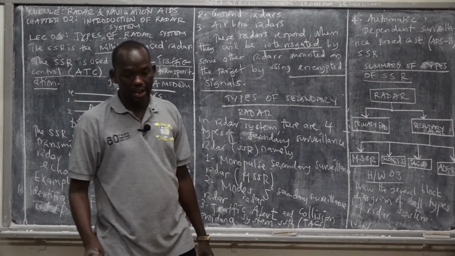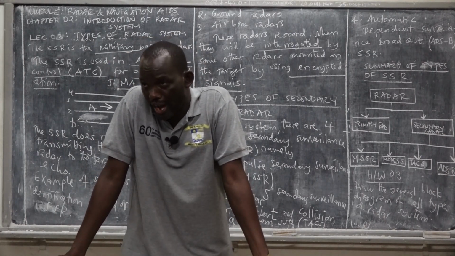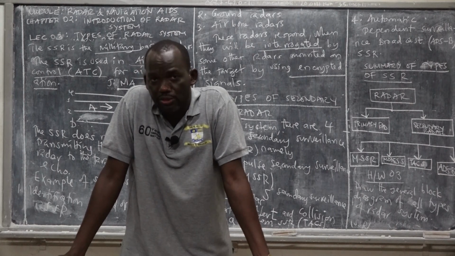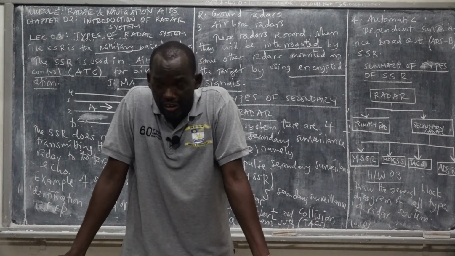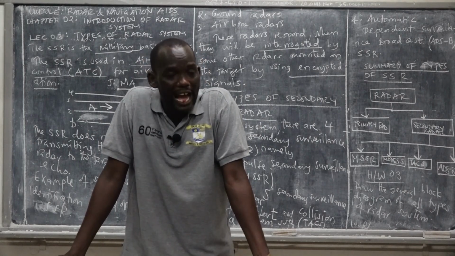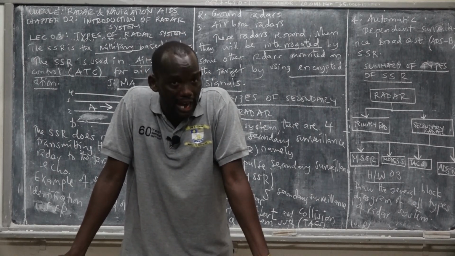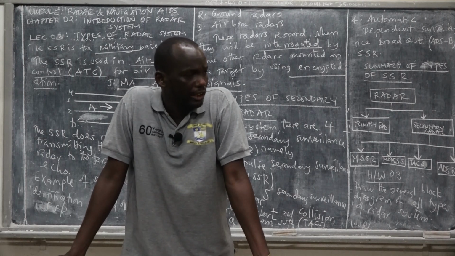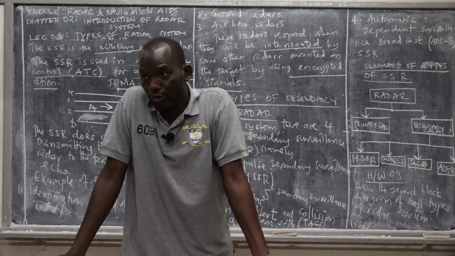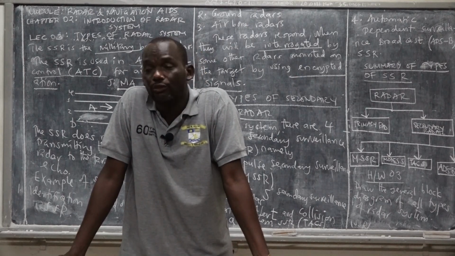I have asked you to go and draw a number of general block diagrams for the different types of radar. There is the block diagram for primary radar, there is the block diagram for the secondary radar. There's a block diagram for the continuous primary radar, for the pulse primary radar, for the MTI, for Doppler, for unmodulated, and for the modulated.